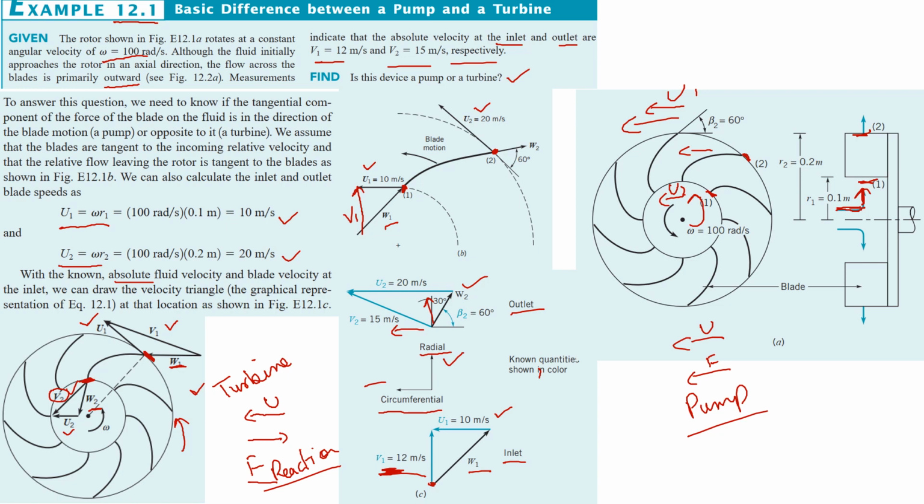So this is how we will differentiate, and the basis is this point right here: the direction of the rotor velocity and the force that the rotor applies to change the direction of the absolute velocity from one component to two components. This is how we will differentiate between a pump and a turbine.